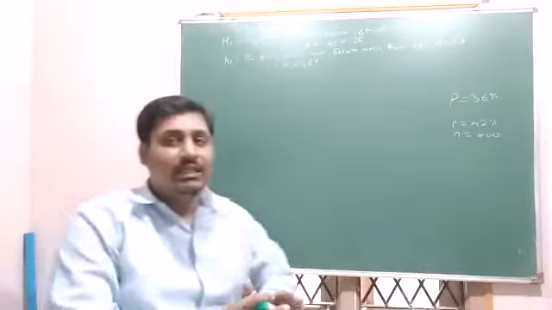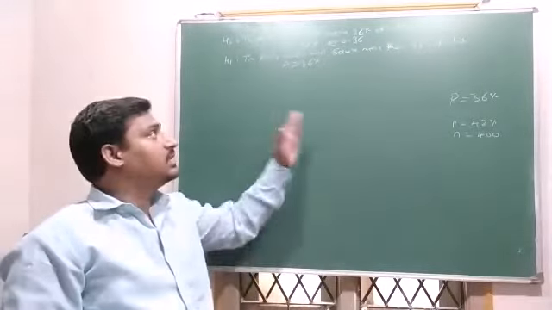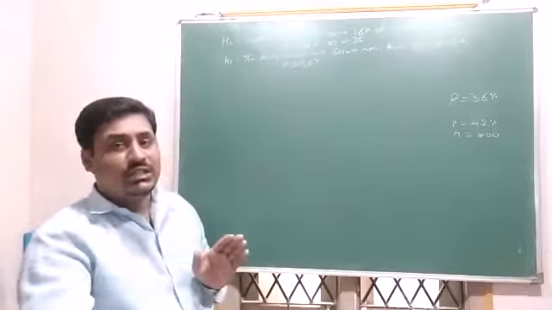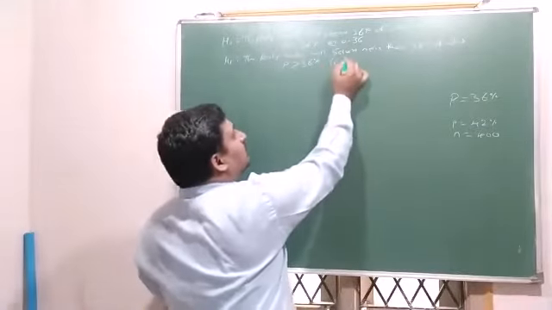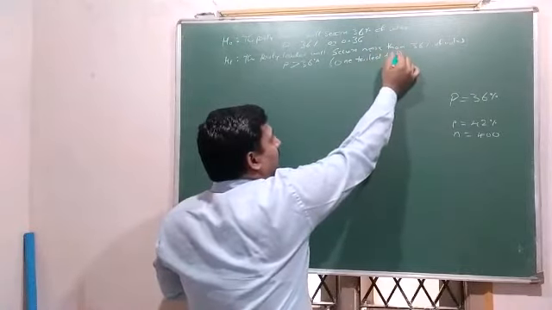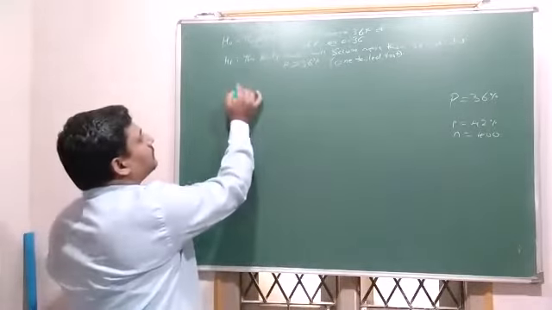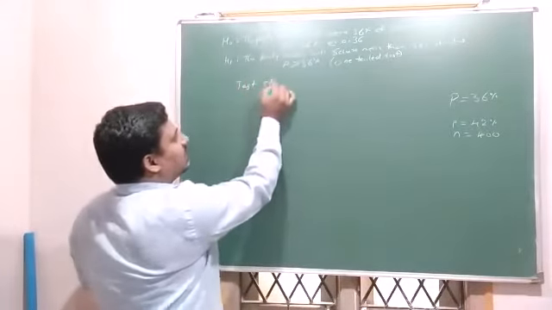P greater than 36% means it is a one-tailed test, and since it is greater than, it is a right-tailed test.